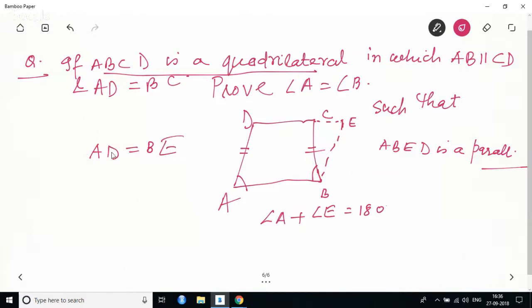Okay, and now try to understand what needs to be done here. Now this angle and this angle is equal. Sorry, not equal, 180. I mean the relationship between them is angle A plus angle E is equal to 180 degrees.